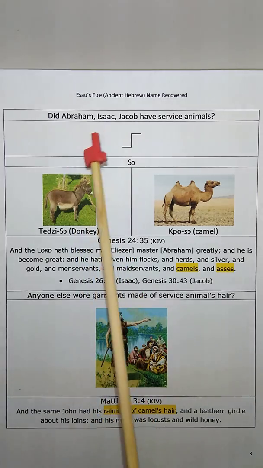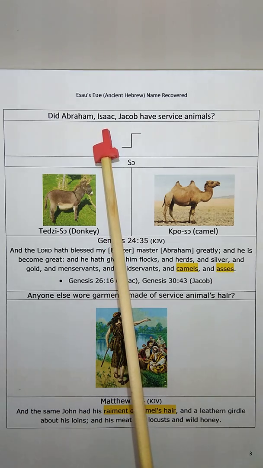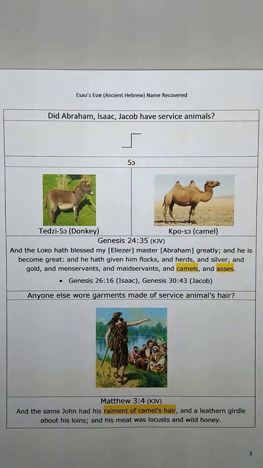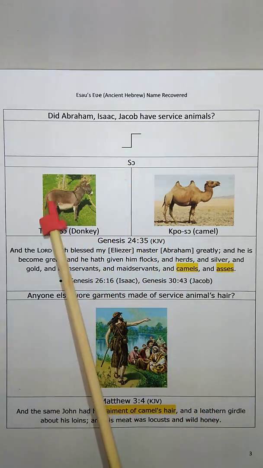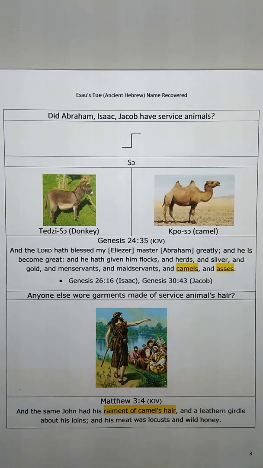Did Abraham or Isaac or Jacob have service animals? The Saw, service animals. We read in Genesis 24, verse 35, quote, "And the Lord hath blessed my master." The one speaking here is Eleazar, who was Abraham's servant.